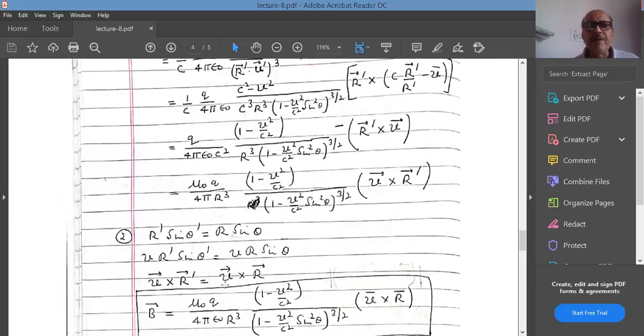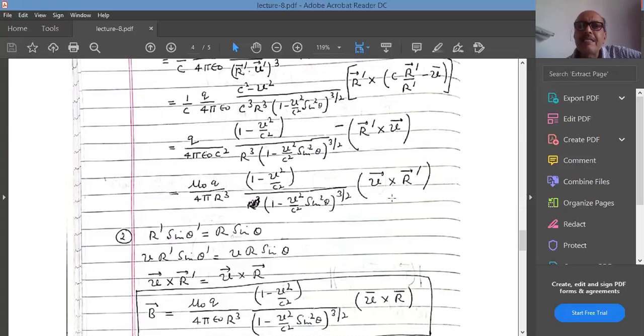Similarly, the angle between the velocity and the present position vector R is equal to theta. So B R dash into sine theta dash is equal to B into R into sine theta. So therefore we can write B cross R dash to be equal to B cross R.